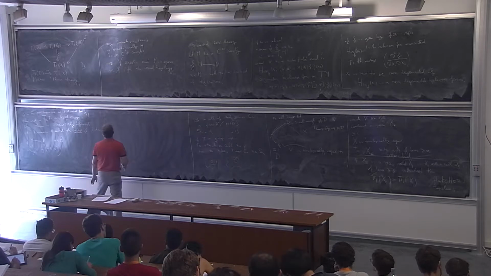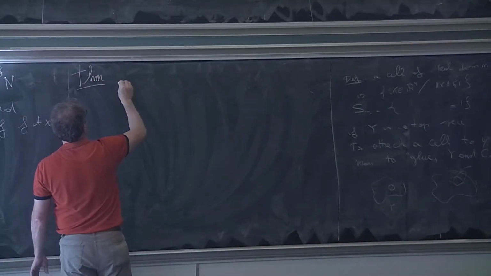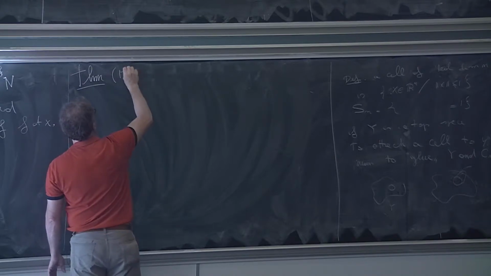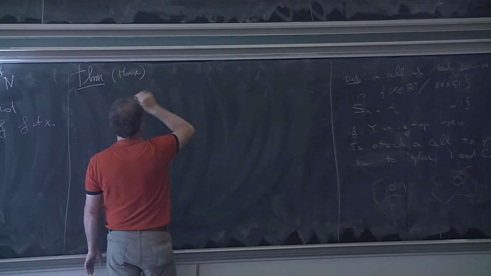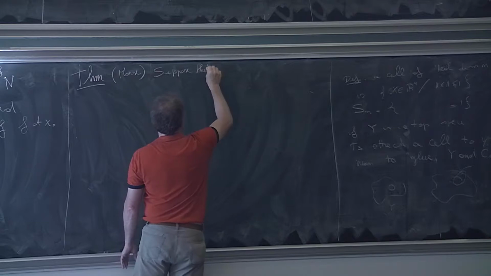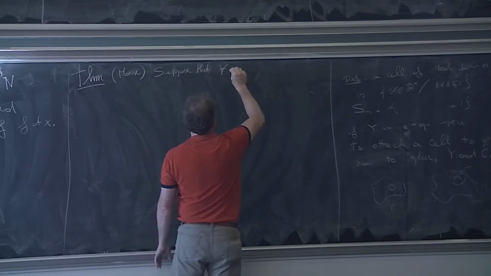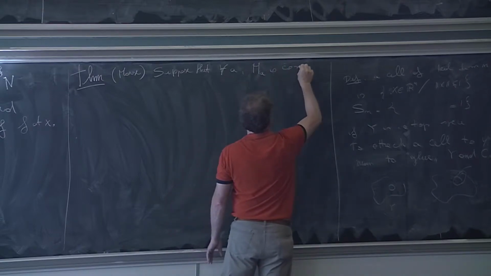So the main theorem in Morse theory is: suppose that for every A, M_A is compact.